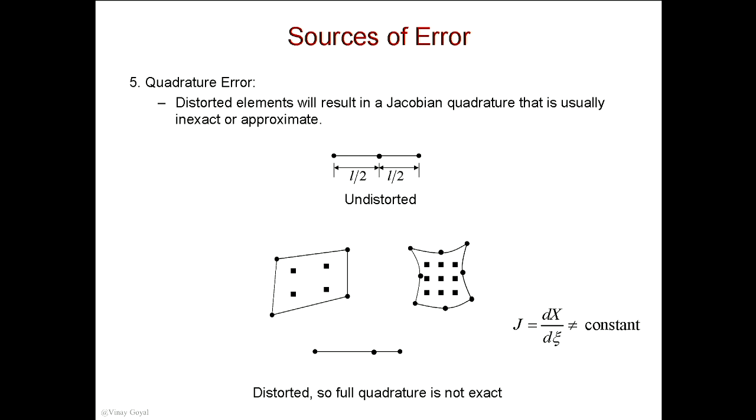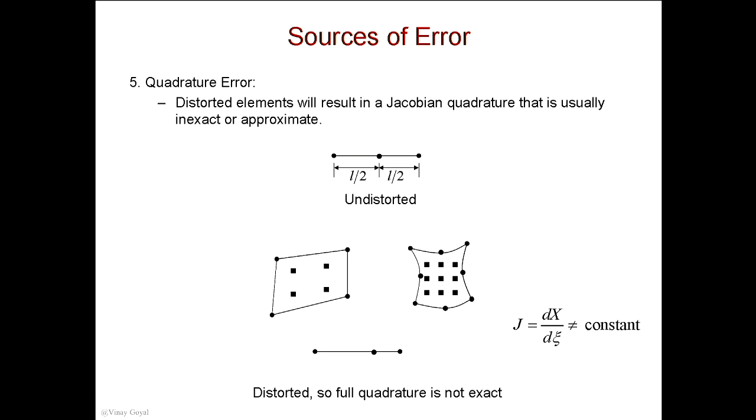Another point I want to make is that if the edges are not straight, that's also going to give you a Jacobian that's approximate when you do the Gaussian quadrature, the integration schemes. Okay, are you guys following? Yes? So in these cases, you will have some error in the Jacobian calculation.